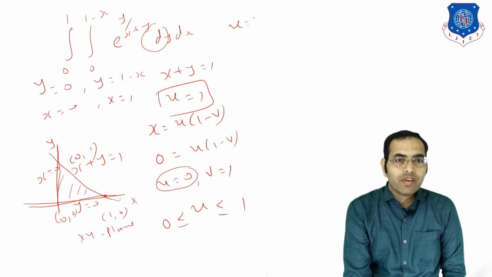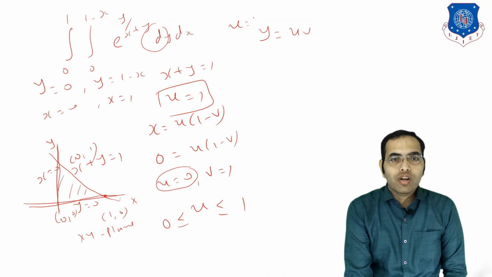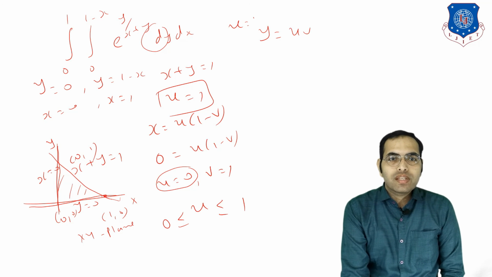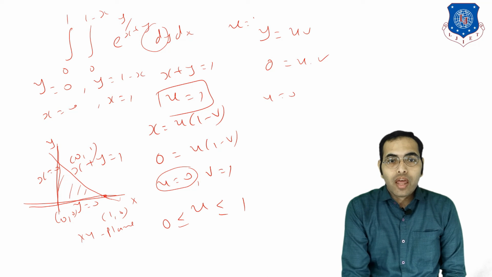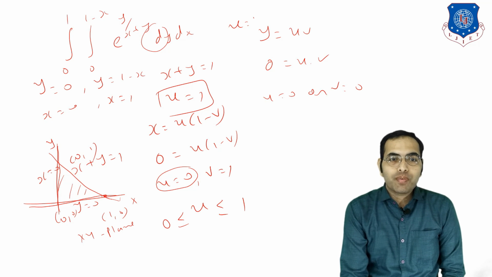Now, the question has given y equal to uv, so substituting y as 0 gives uv equal to 0, then u equal to 0 or v equal to 0, which means v varies from 0 to 1.